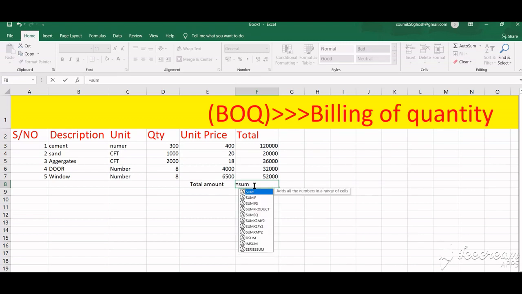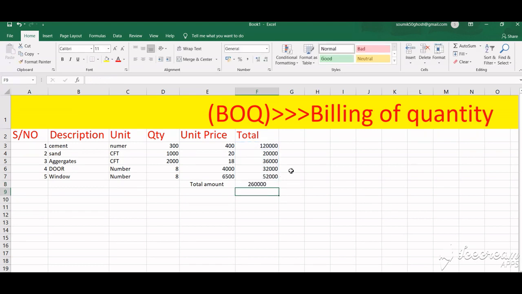Next, type sum. First bracket open. Next, select this column. Next, enter. This is my total amount. So my BOQ sheet is ready.